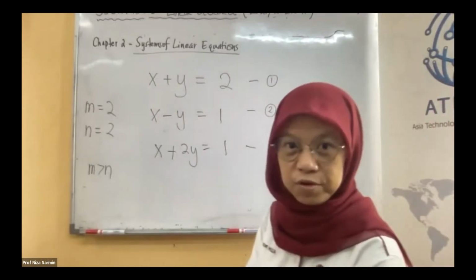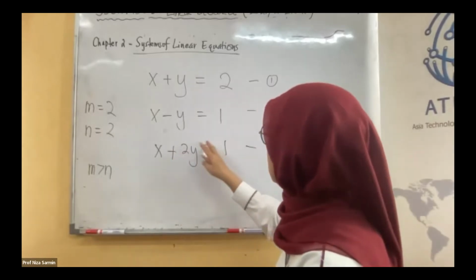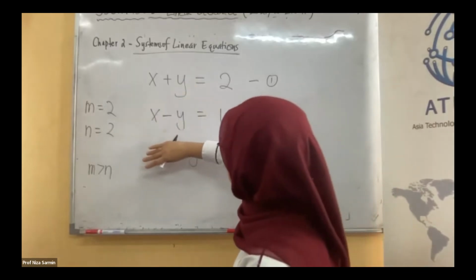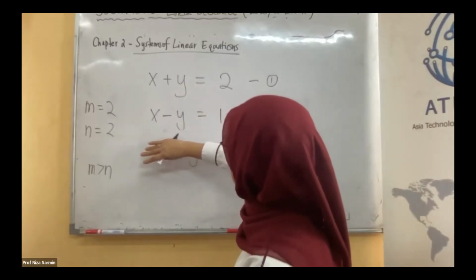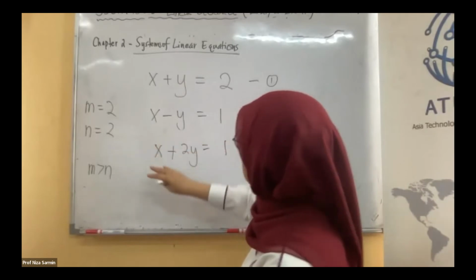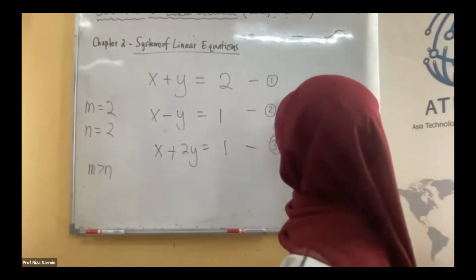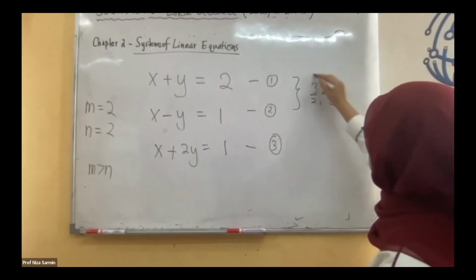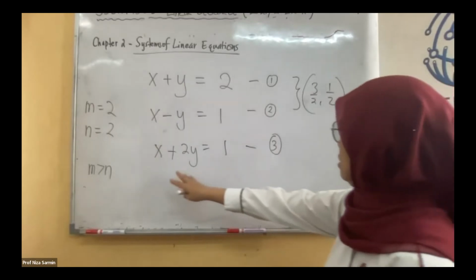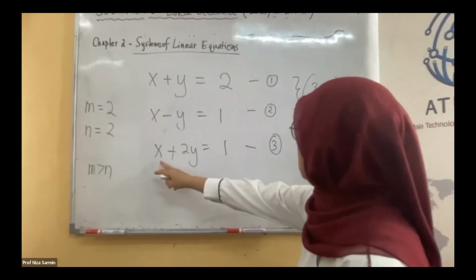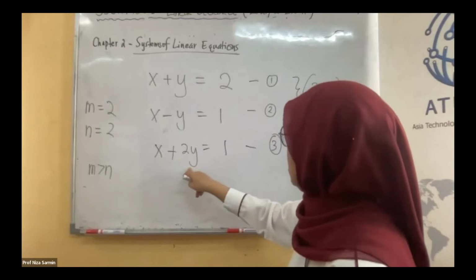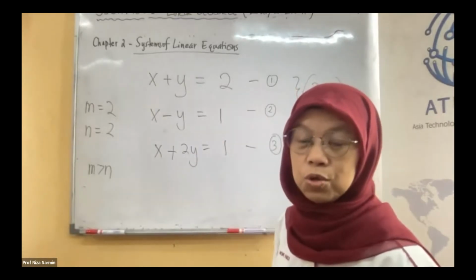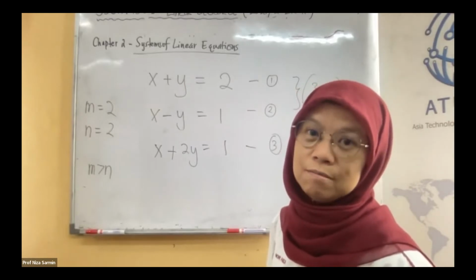Just now, you said the answer is unique, right? But with this, if this gives you 3/2, but if you put in here, you get 3/2 plus 1, which is 5/2, which is not 1. So this is also no solution.